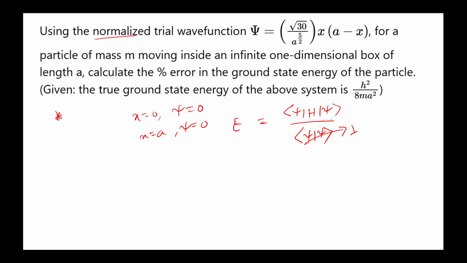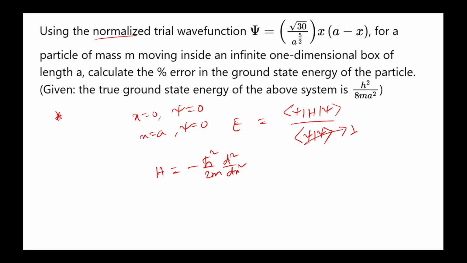So you only have to calculate this expectation value. Your Hamiltonian will be, for this case, minus h bar square by 2m d square dx square, not del square, because here you have only 1 degree of freedom.